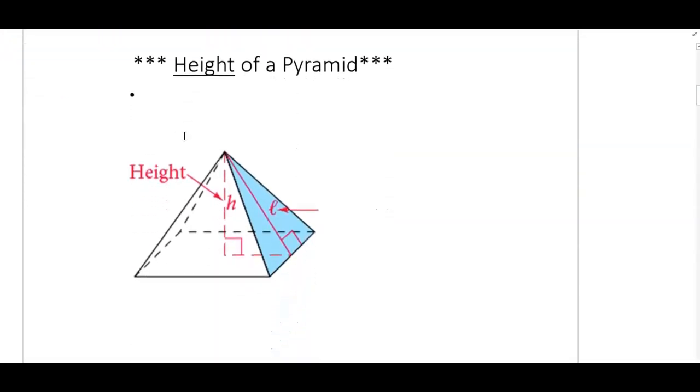Now, there are two different types of heights for a pyramid. The first height is called the actual height, and this actual height goes from the vertex perpendicular to the base. The second one is called the slant height, and this is actually the height of the triangular lateral face.